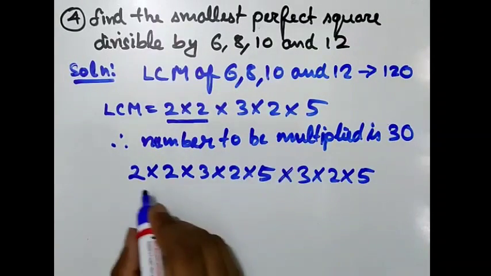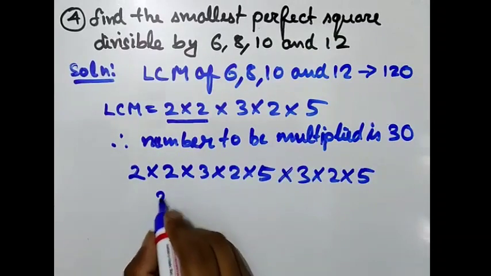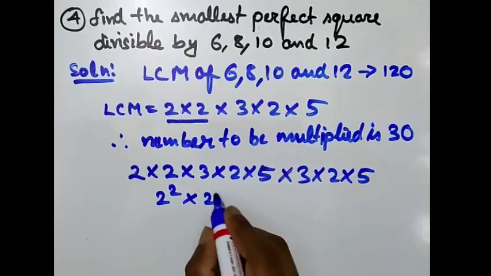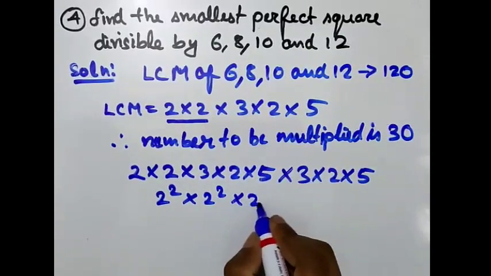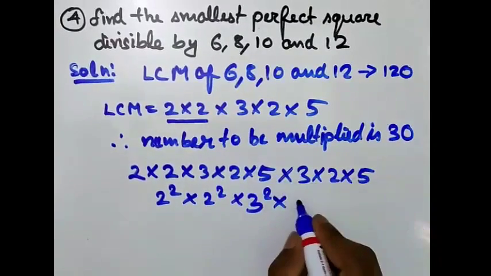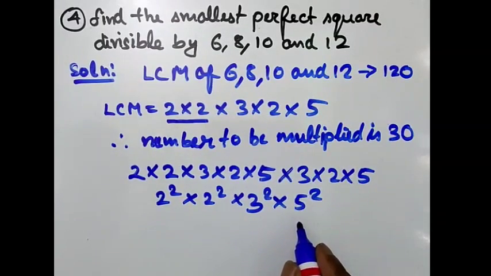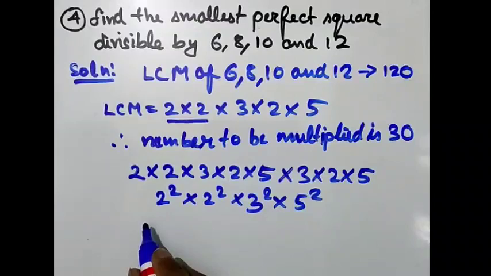So we have a pair for all now, so we can write it as 2 square, then another 2 square, then 3 square and 5 square. If I multiply these, we'll get the perfect square number.